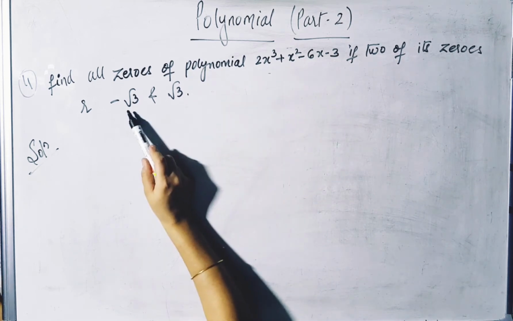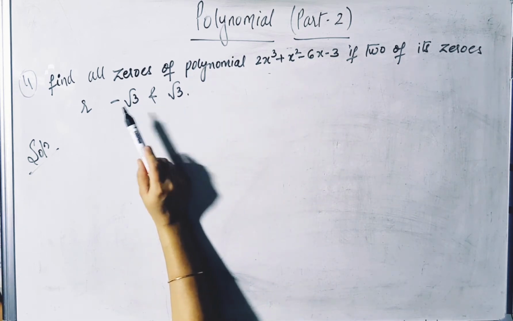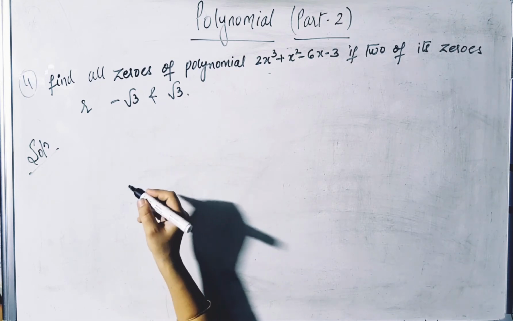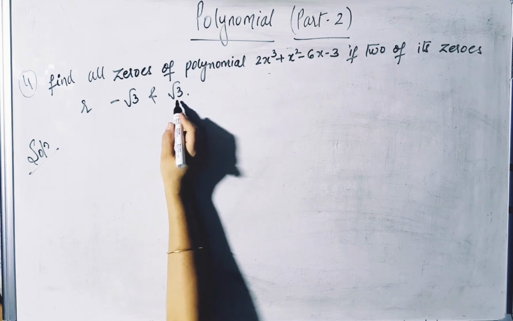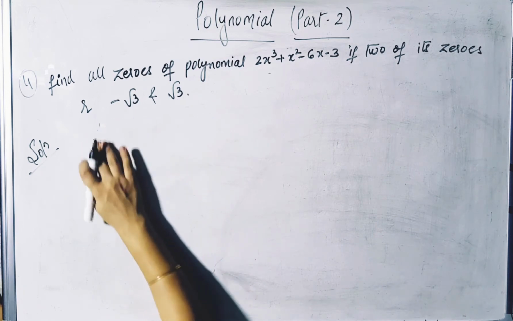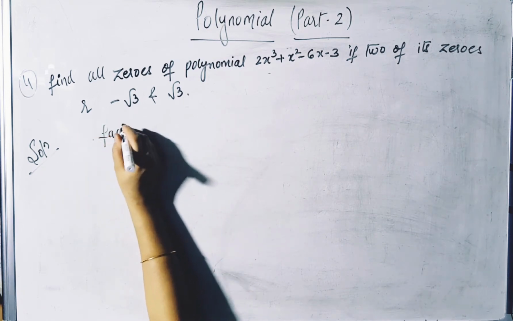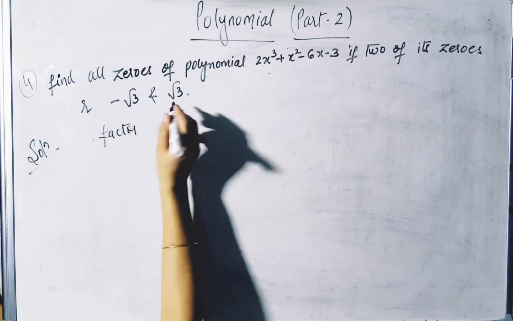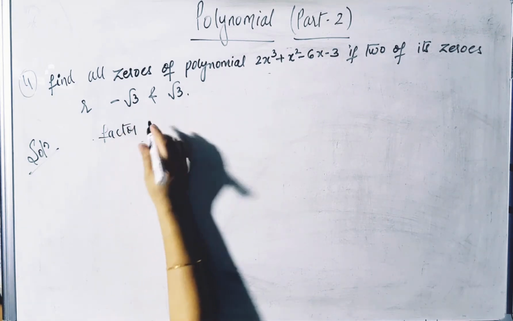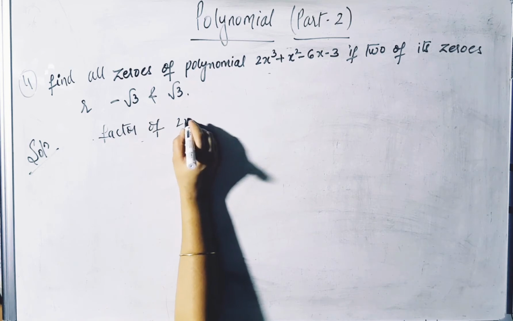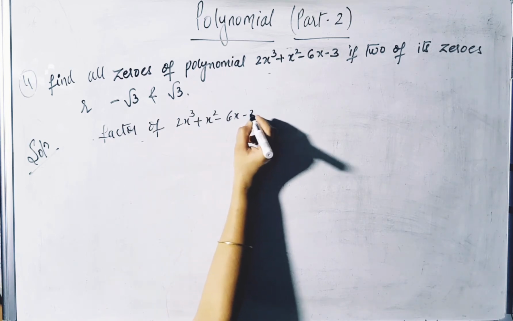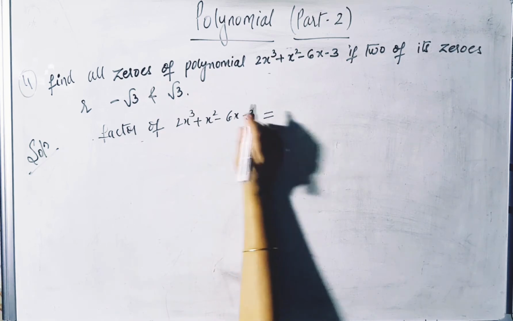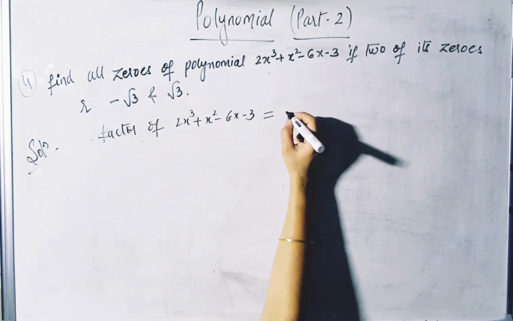Now they have already given us 2 zeros, minus root 3 and root 3. So what would the factors be? It's the opposite. If minus root 3 and root 3 are the zeros, then the two factors of the given polynomial 2x cube plus x square minus 6x minus 3 are as follows.